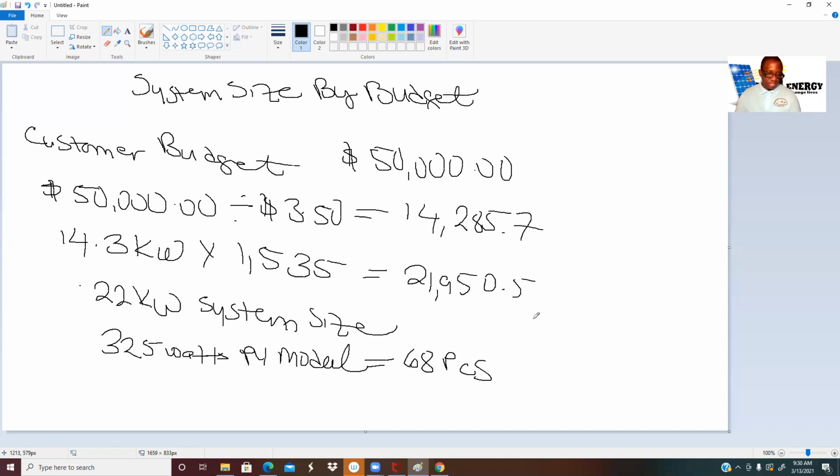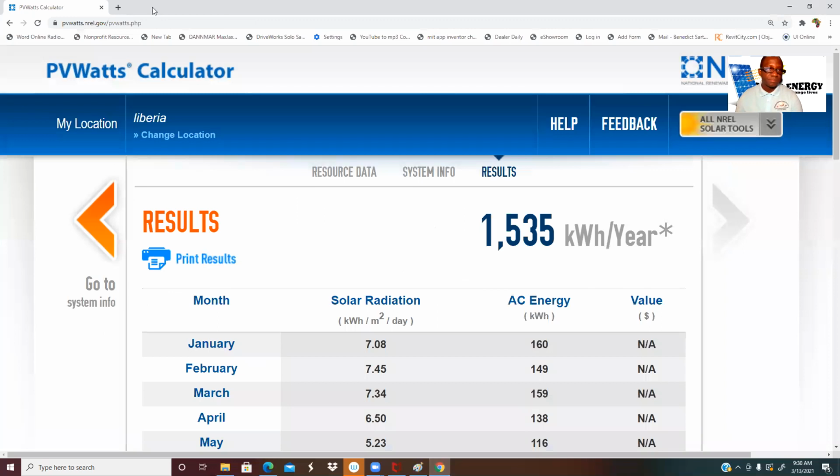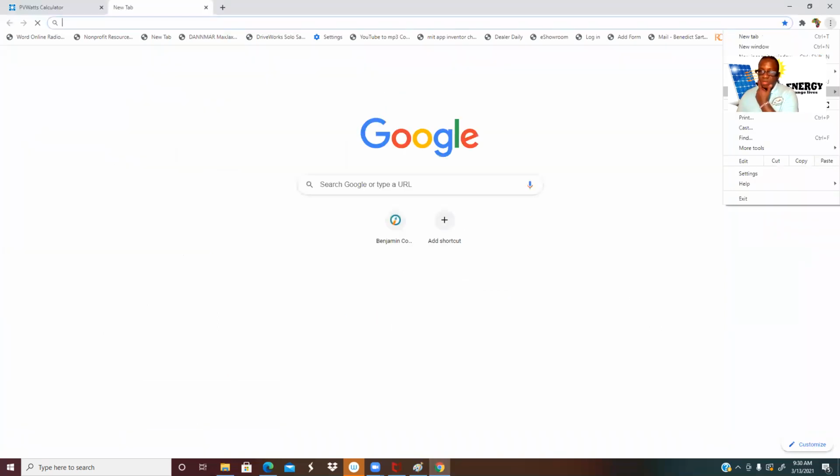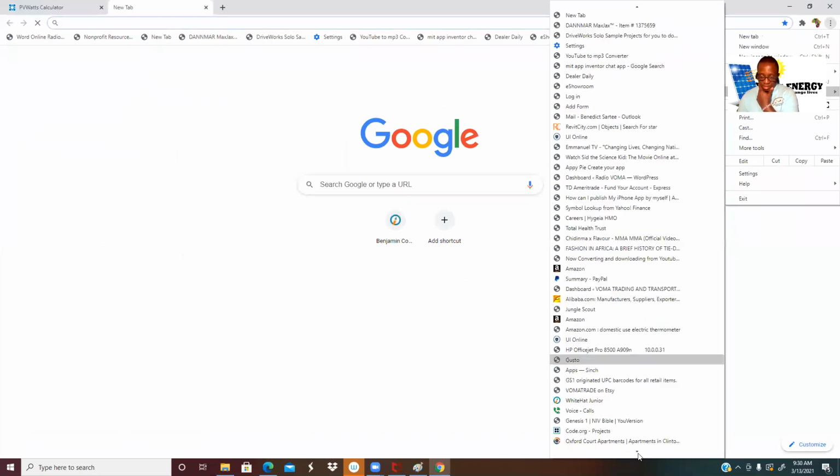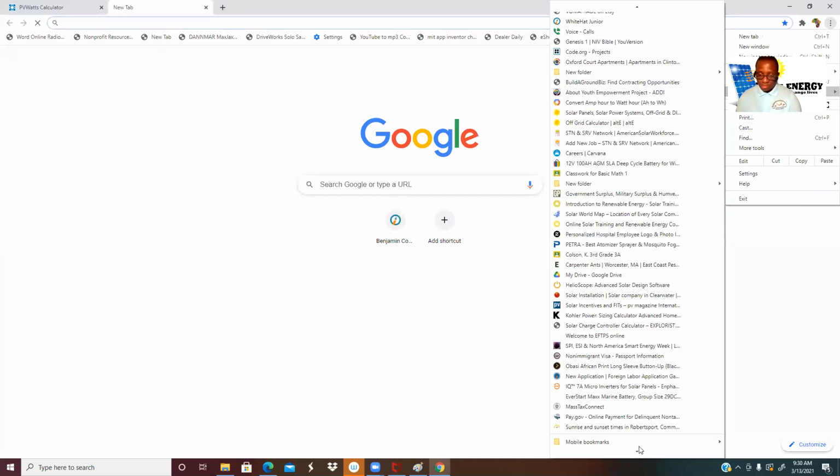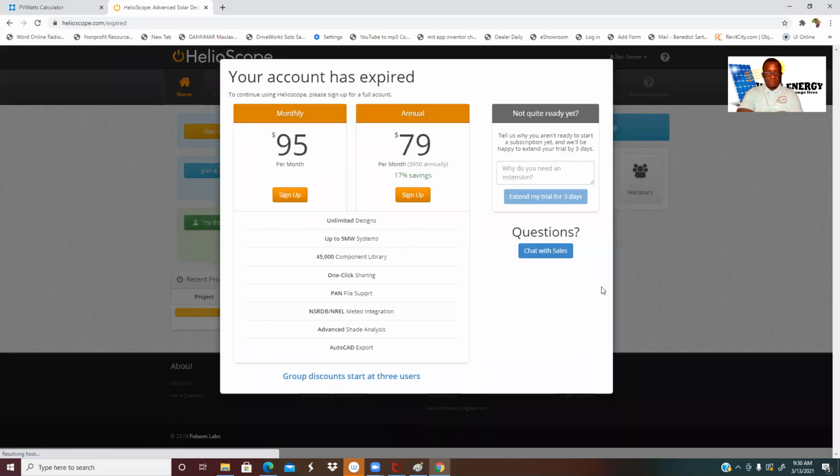So we have a 22 kilowatt system. I'm going to use a software program that's already there. You can pay monthly to use it for 90 bucks a month if you have your design company. It's called Helioscope. Beautiful program if you want to do system designs.